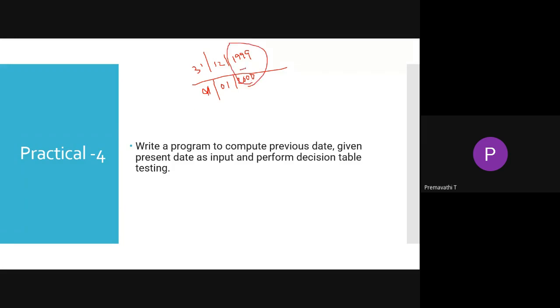The year will be totally changed, and there is confusion about whether the previous month has 30 days or 31 days. Normally, if you are given a date such as 2 1 2000, the previous date is automatically 1 1 2000.